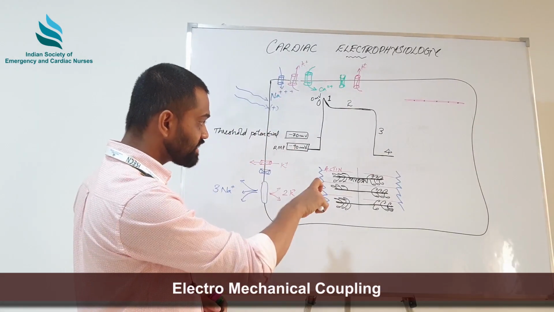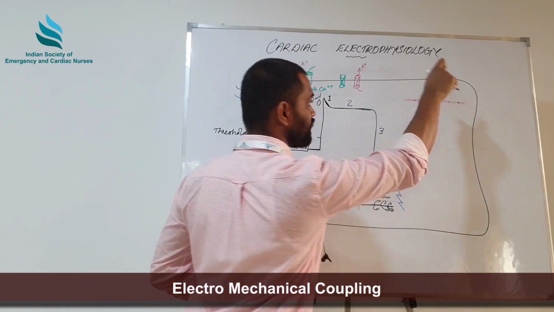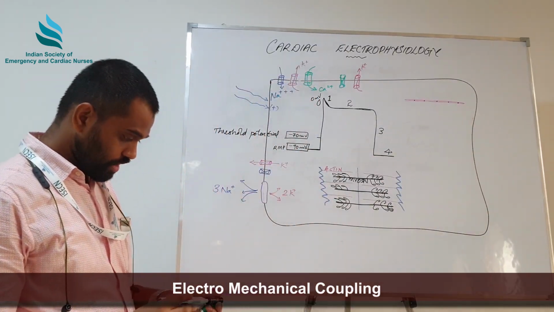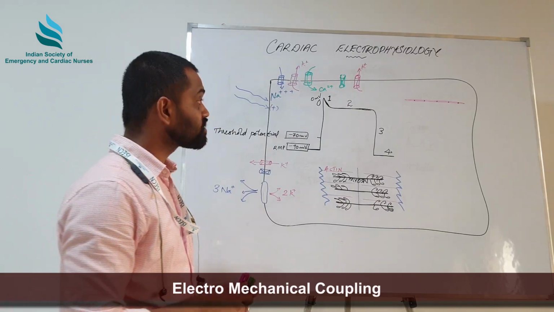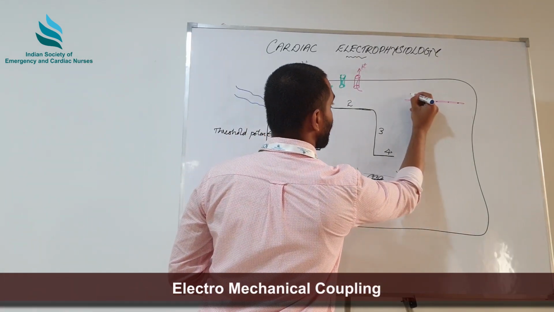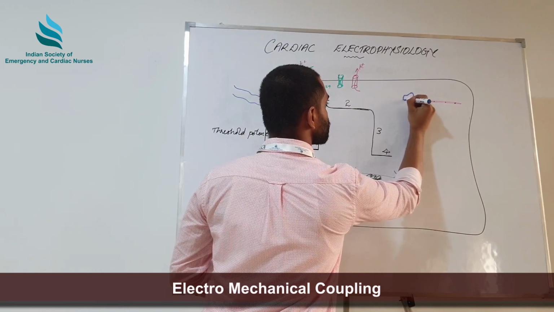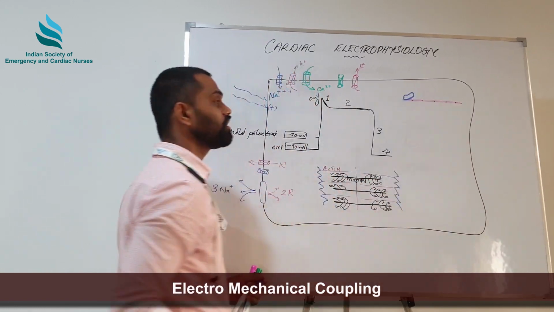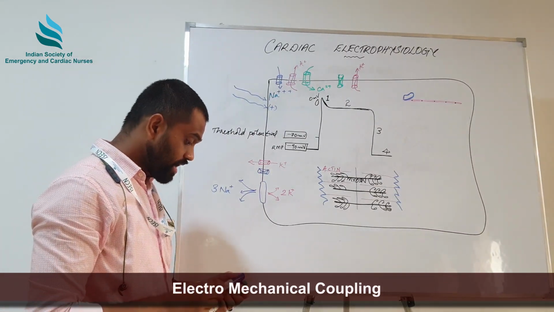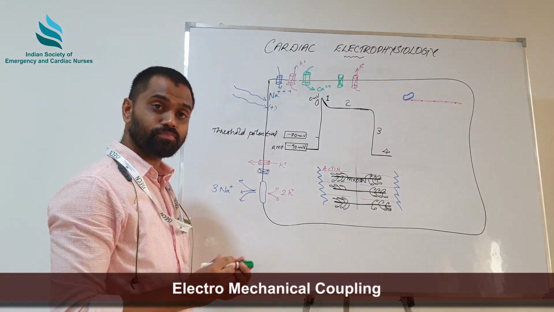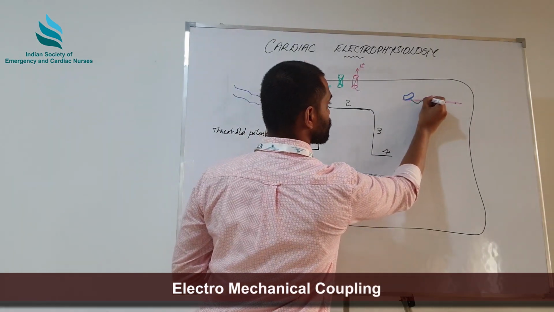So myosin heads are supposed to hook at these spots in the actin filaments. But we have a separate protein over the actin filament which is called troponin. So this is troponin protein on the surface of actin filaments, and attached to this troponin protein is the tropomyosin filament.